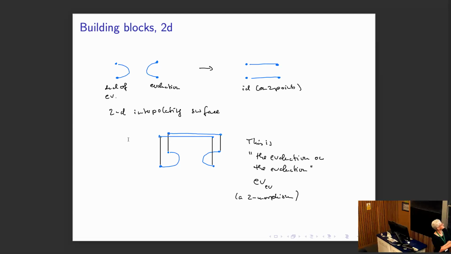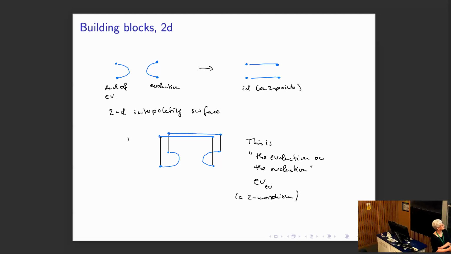So this is a map from 2 points to 2 points, and so to formulate an evaluation on an evaluation, we would like to map this to that, and the way to map it geometrically in the Bordism category is to put some two-dimensional interpolating surface that I try to draw in this picture.